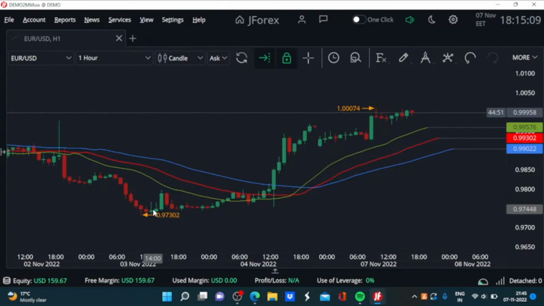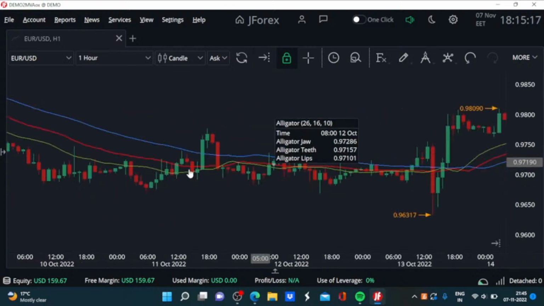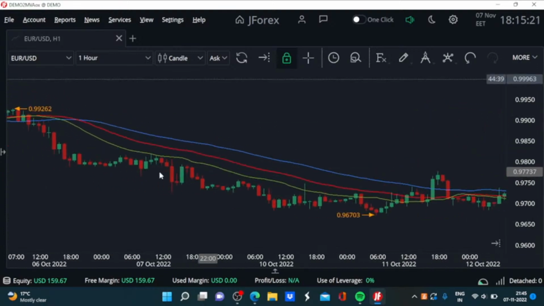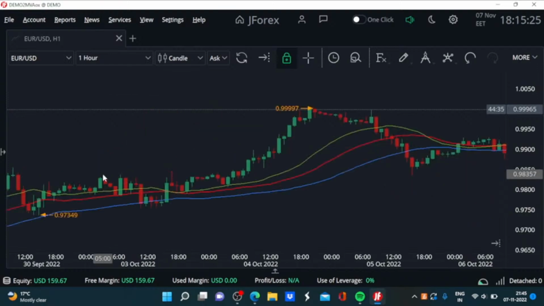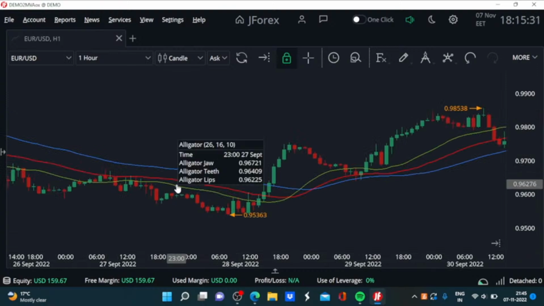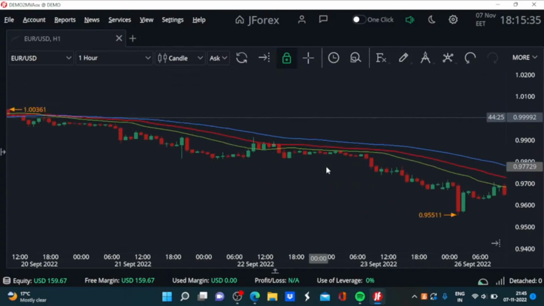So because of that, there is going to be a lot more stability, a lot more smoothing of these output values, but the underlying concept is going to remain the same. Similar kinds of signals are going to be generated. Only the difference is going to be that now the price action will have to be much more significant for any kind of reversal or any kind of confirmation to take place.